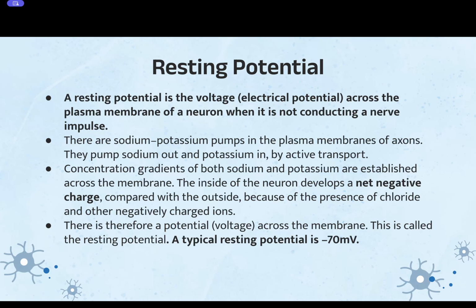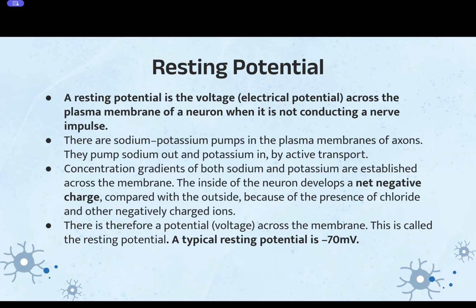Within the plasma membranes of axons, there are sodium-potassium pumps. They pump sodium out and potassium in by active transport. Concentration gradients of both sodium and potassium are established across the membrane, which allow the active transport to occur.